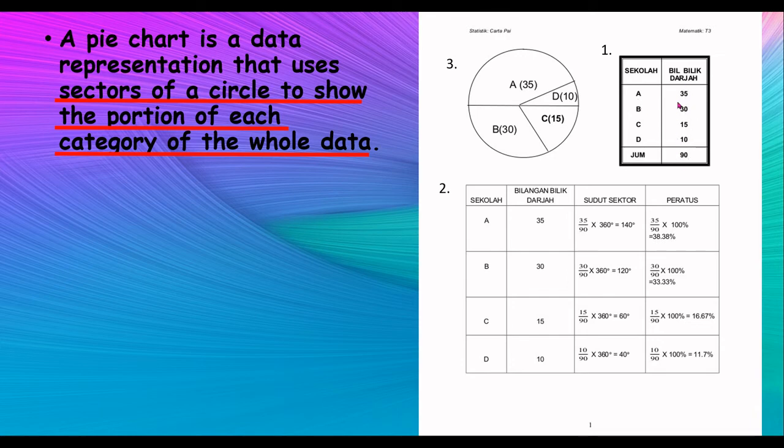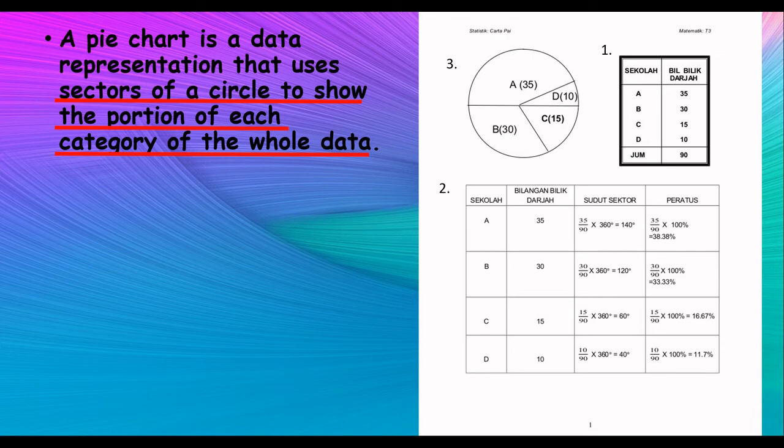After that, if I want to represent them in a pie chart, I cannot just do what I do for the bar chart. A bar chart is considered very simple because after I get the frequency table, I can just decide the title, decide the scale for the vertical axis, then decide the categories on the horizontal axis. After that, I just put in my bars according to the amount.